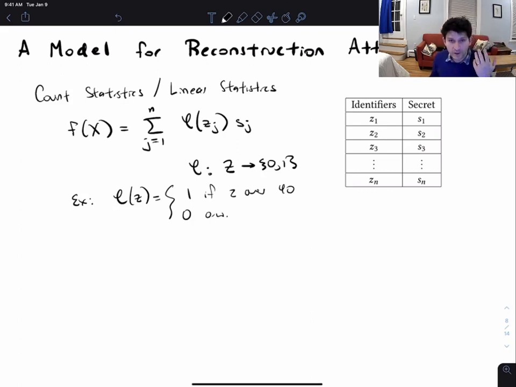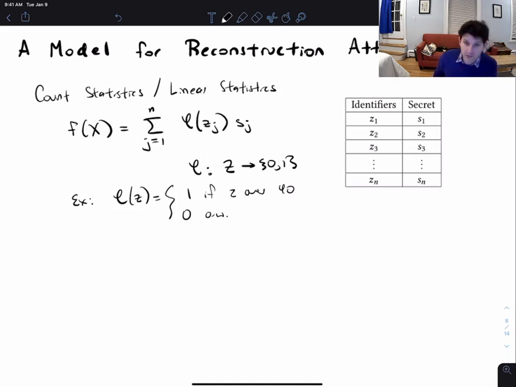In which case this query would ask, how many people in the data set are both over 40 and have the disease? Another way to think about this is as asking, among the subset of people in the data set who are over 40, how many have the disease? And phi is how you specify the subset. This is the kind of statistic that we want to answer.